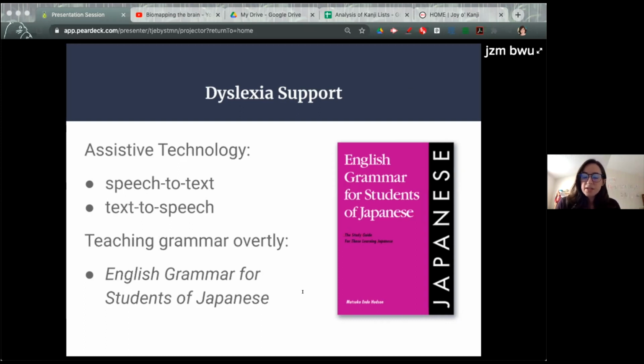So assistive technology is often provided for or suggested for dyslexic students. We need to think very carefully in our classes about the goal of an assignment or the goal of an assessment. If the goal is to assess the student's ability to decode characters, then it's appropriate to ask them to read characters.